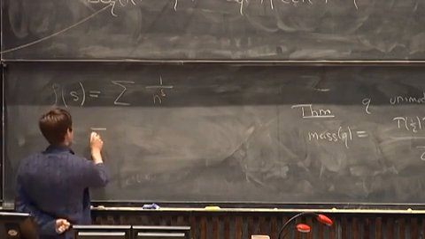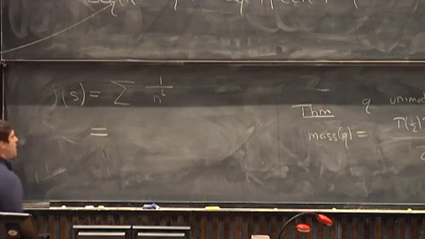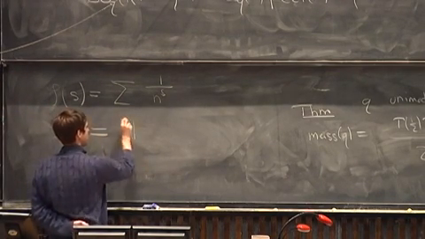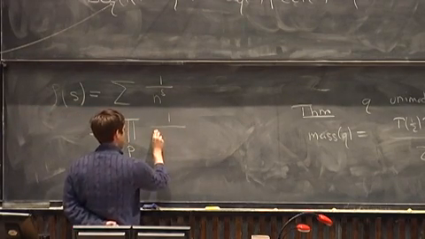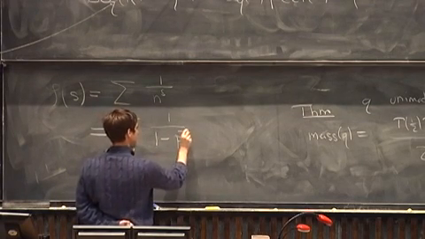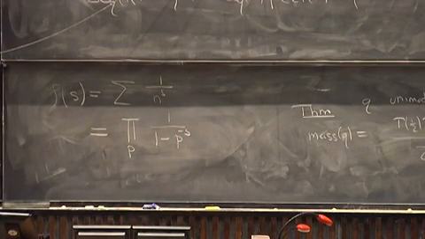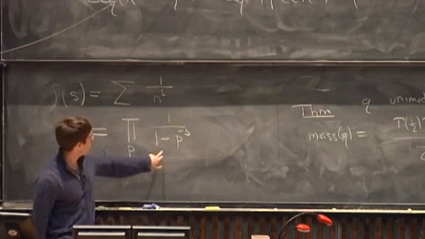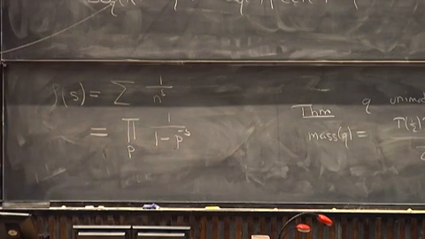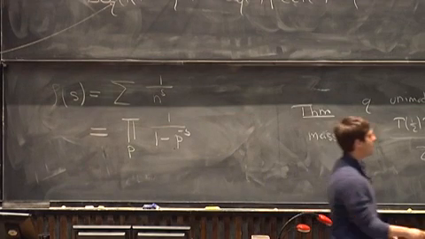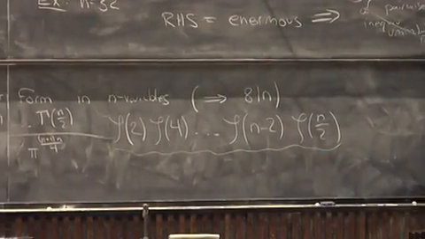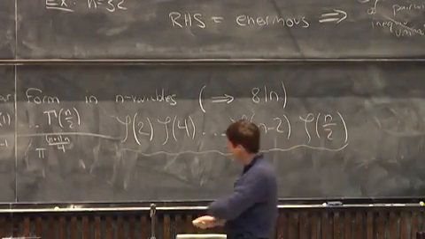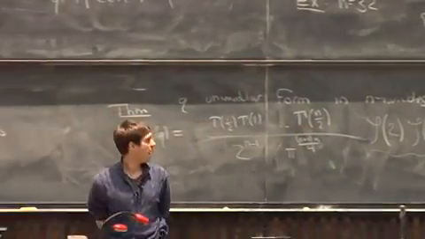But more to the point of what I want to write in a second, this has an Euler product expression, as a product over all primes p of 1 over 1 minus p to the minus s. So that expression for the Riemann zeta function gives you a product decomposition of this as a product over all primes p of a certain rational number.